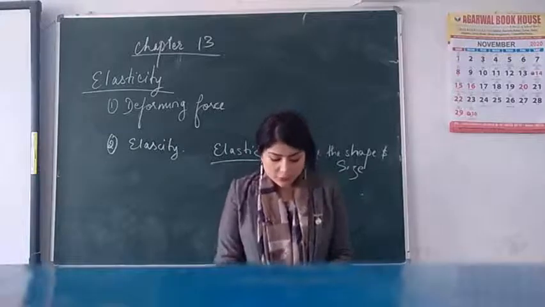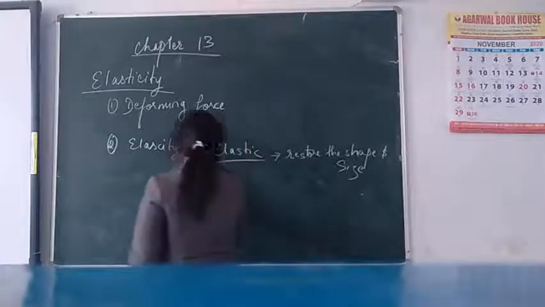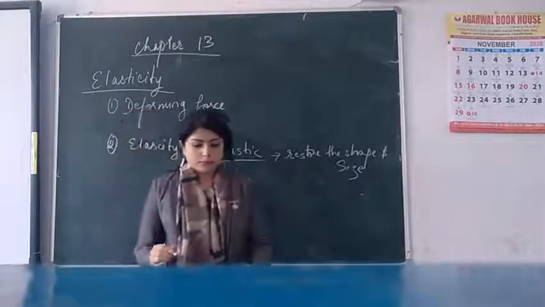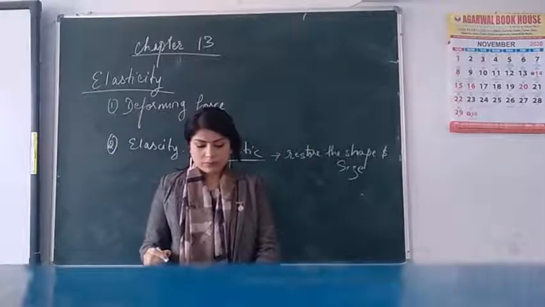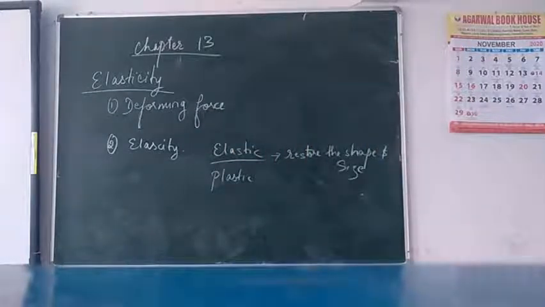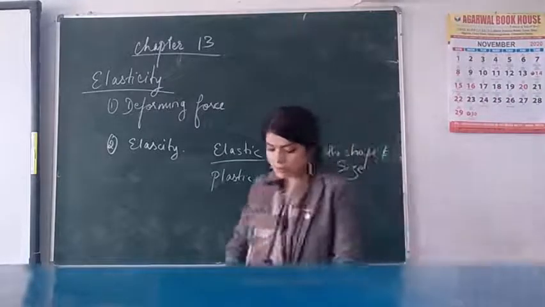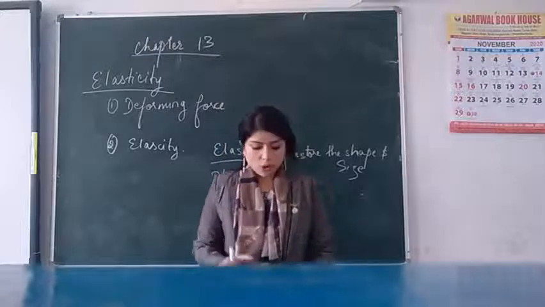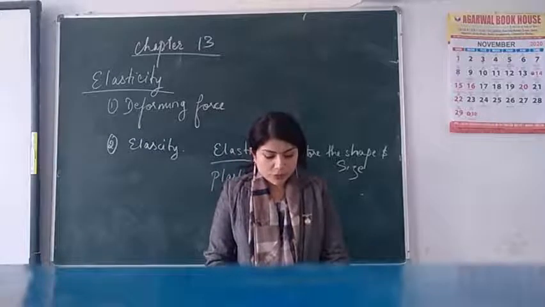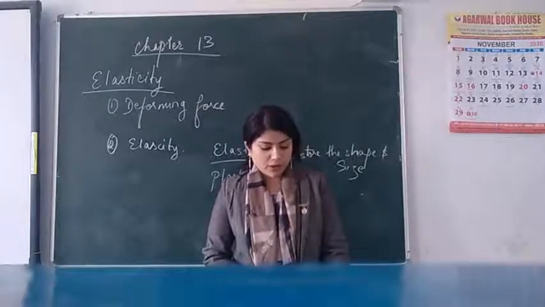There is another type of body which is known as plastic. Plastic means those bodies which do not recover their original state when deforming forces are removed but retain their modified form.